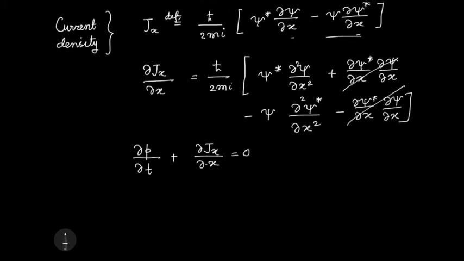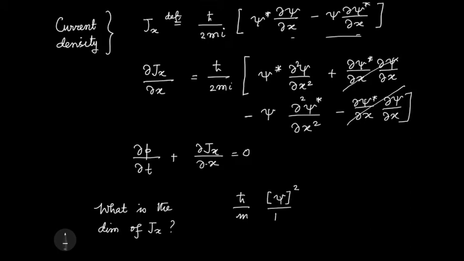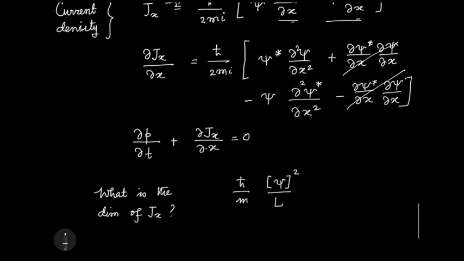So let's ask the question, what is the dimension of J? So Jx is h cross by m, and then I have psi square and the length dimension, because I have del x over here. Two psi's in the upstairs and length dimension.